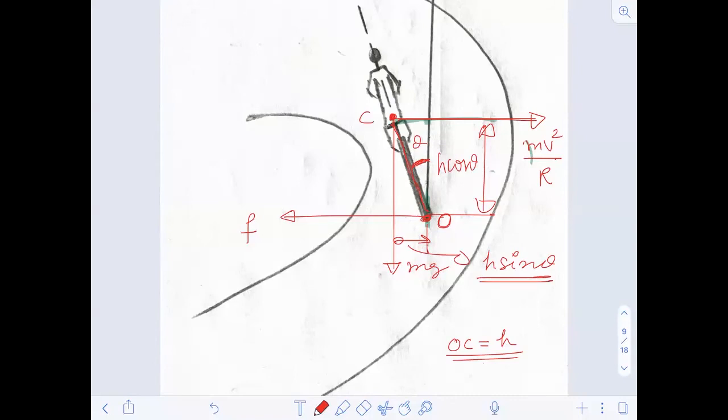So the mg force will have anti-clockwise rotation, and mv square by r will have clockwise rotation, if you see it clearly from the figure. Anybody still having any doubt in this FBD?